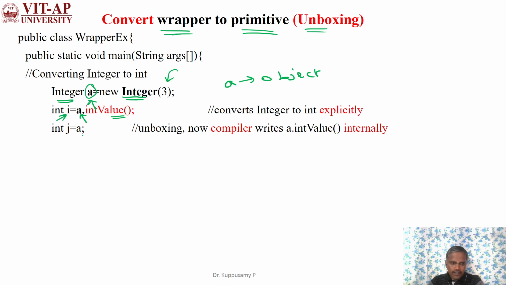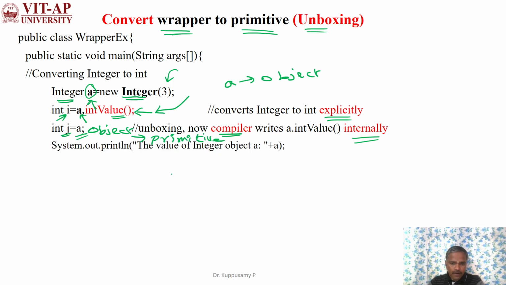Here we perform the conversion manually, which is called an explicit operation. But here I directly assign the object A to the primitive data type, so the compiler converts that object into a primitive data type value internally, done by the Java virtual machine. In the other statement, we do it manually by using the method.